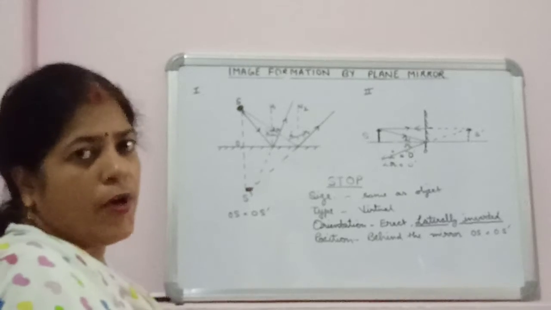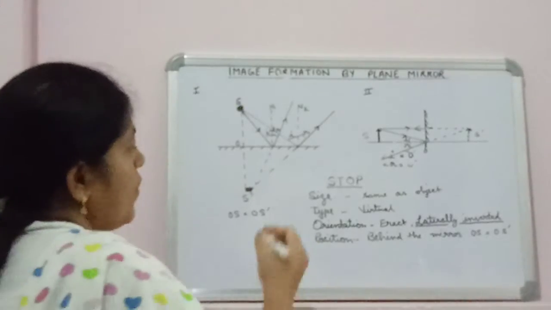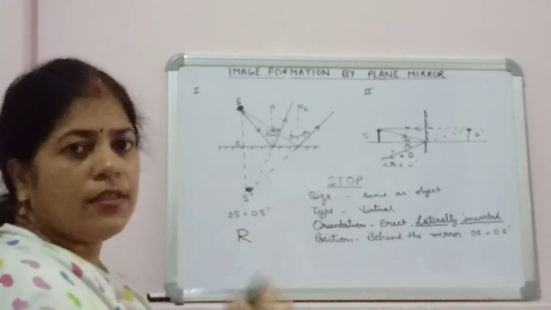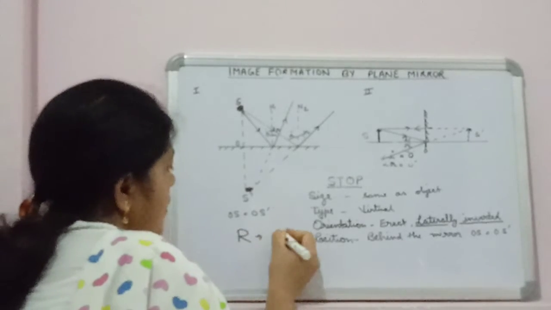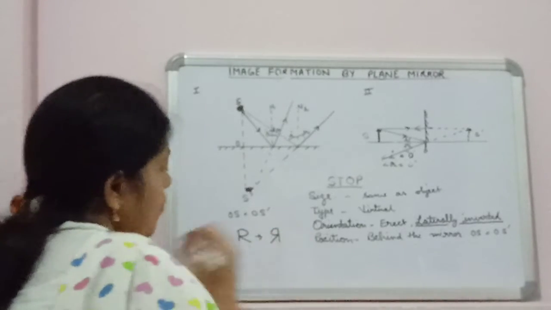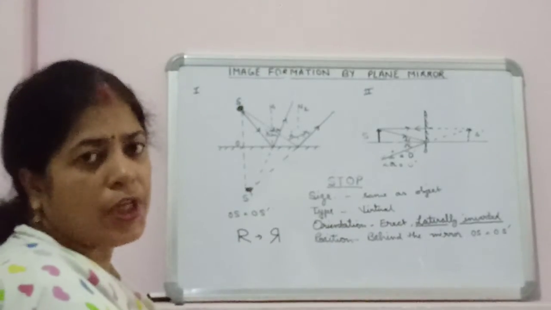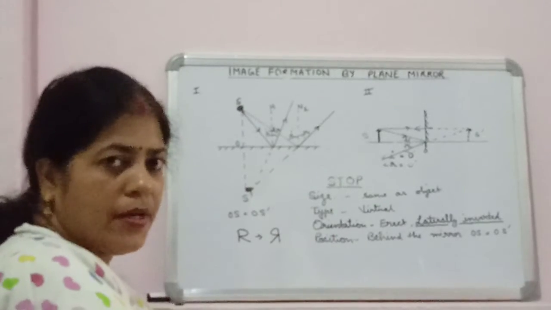Lateral inversion is the phenomenon of interchange of left and right. Suppose we write a letter R and see the image of this letter R, it will appear as this. This property is known as lateral inversion, and it can be seen in case of a plane mirror.